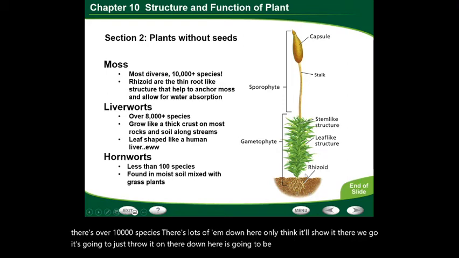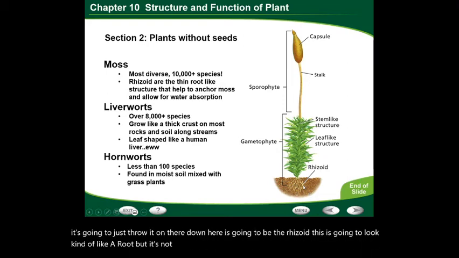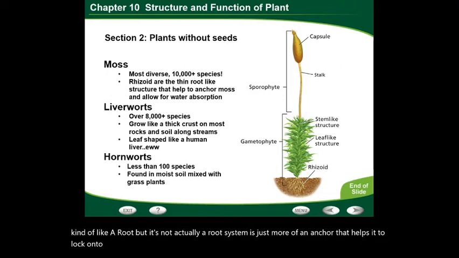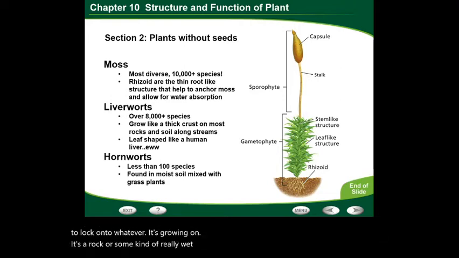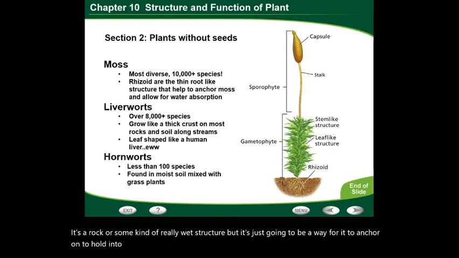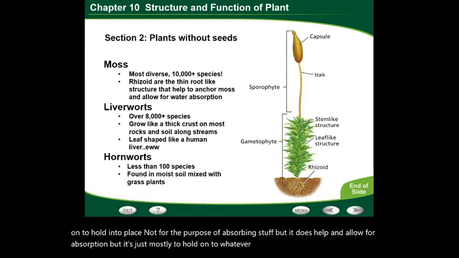This looks kind of like a root, but it's not actually a root system. It's more of an anchor that helps it lock on to whatever it's growing on, like a rock or some really wet structure. It's not for the purpose of absorbing, though it does allow for some absorption; it's mostly to hold on to whatever it's growing on.